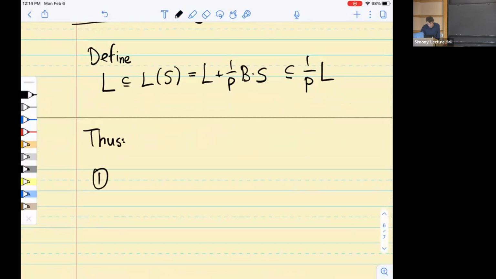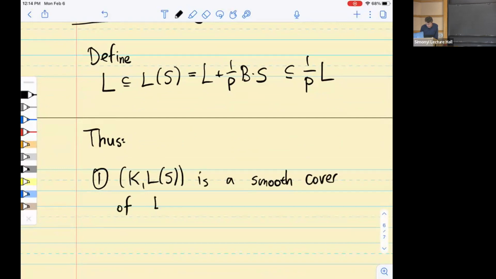So the first thing is that K and S, within the lattice, the same body K is a smooth cover of the discrete set. And this is really the Kakeya statement. So it's a smooth cover of L over p, of the whole discrete grid.